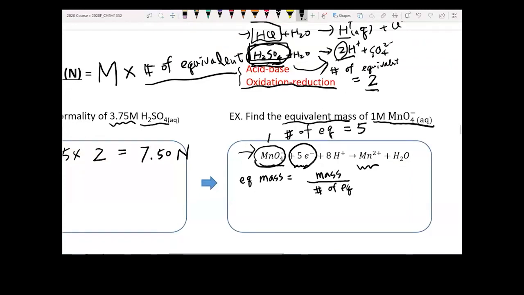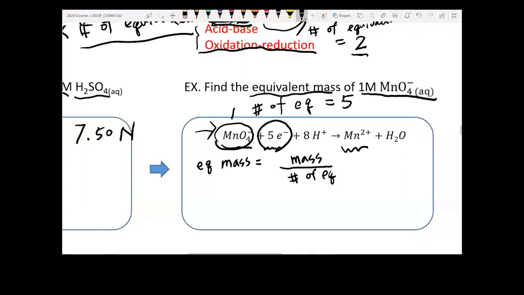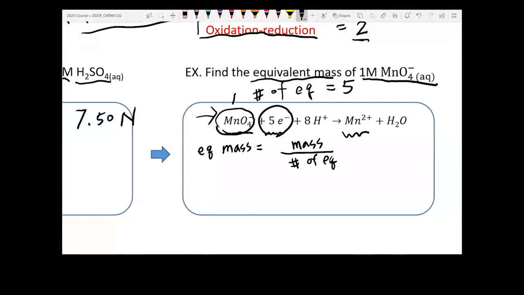So here, you have a 1 N solution, right? We assume there is 1 liter because you want to get the mass, and the mass always comes from the number of moles. Since I have 1 M, the easy way is to just assume you have 1 liter of this solution.